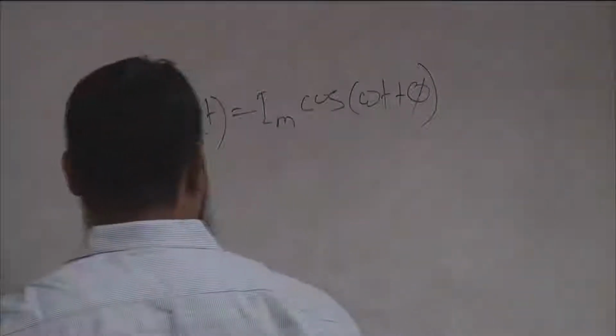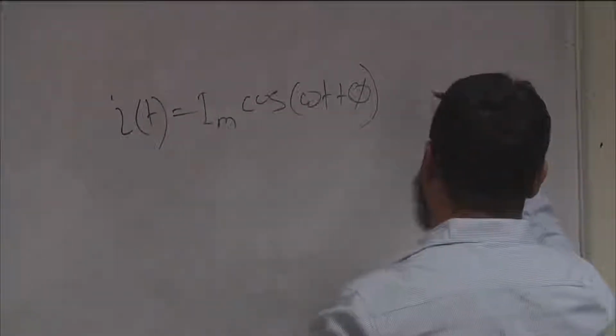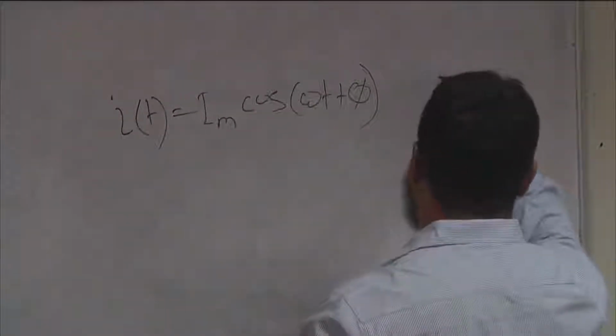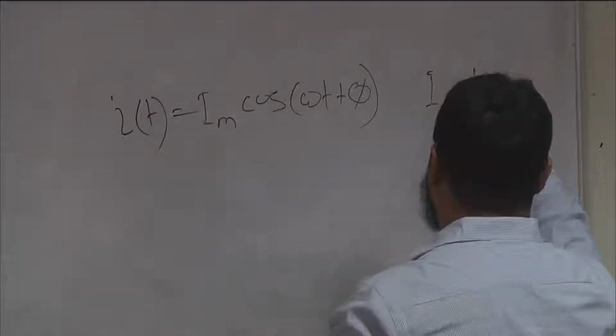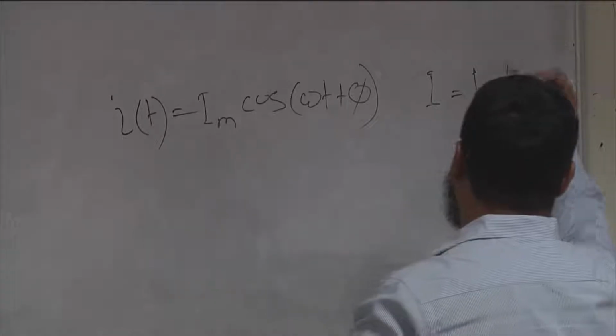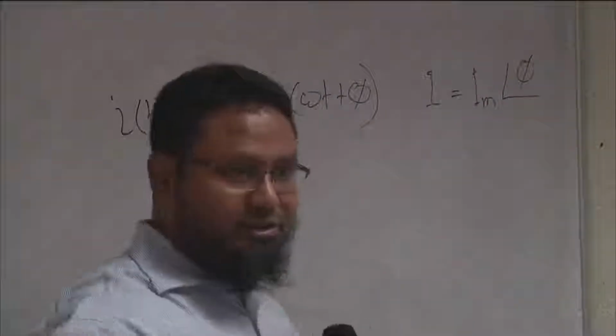So in phasor domain, this i(t) we can write as I is equal to Im with an angle of phi, right? So that is the current in phasor domain.